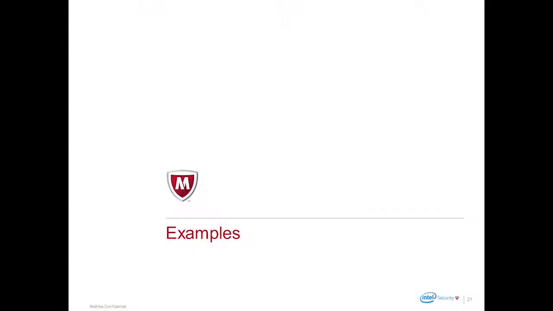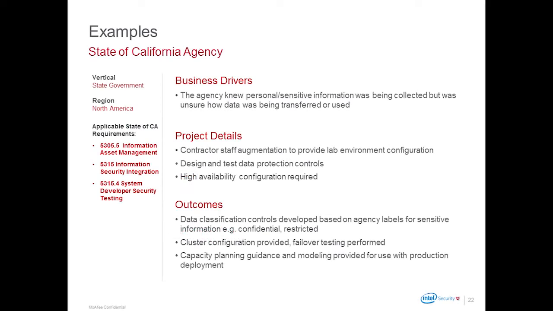So, a couple of examples. One California state agency knew that they were collecting personal and sensitive information, but they didn't know where that information was going or how it was being used. So they wanted to bring in a McAfee control to help them determine the risk and the data transfer. McAfee and Intel Security provided staff augmentation to help implement the configuration in a lab environment.